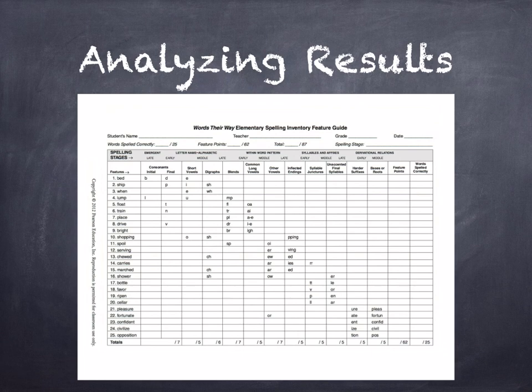After completing the inventory, it is time to analyze the results. This elementary spelling features guide is used for that purpose. With the student's spelling assessment in hand, you can use the features guide to check off the spelling components that were used correctly in each word.